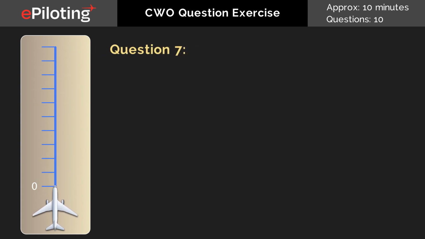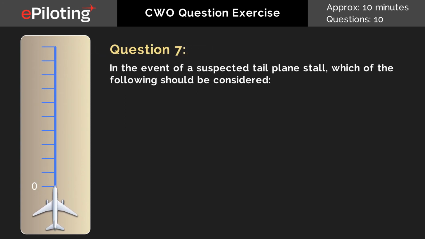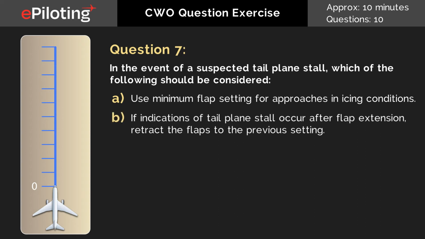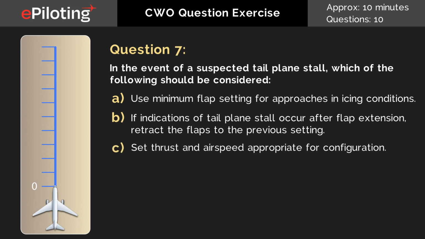Question 7. In the event of a suspected tailplane stall, which of the following should be considered? A. Use minimum flap setting for approaches in icing conditions. B. If indications of tailplane stall occur after flap extension, retract the flaps to the previous setting. C. Set thrust and airspeed appropriate for configuration.